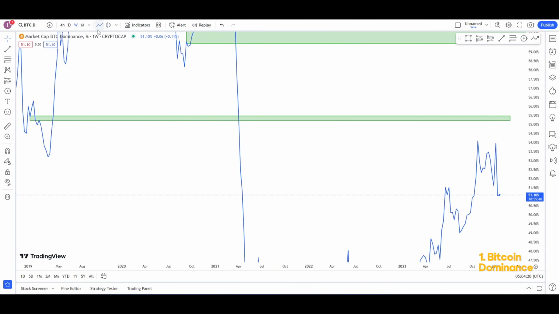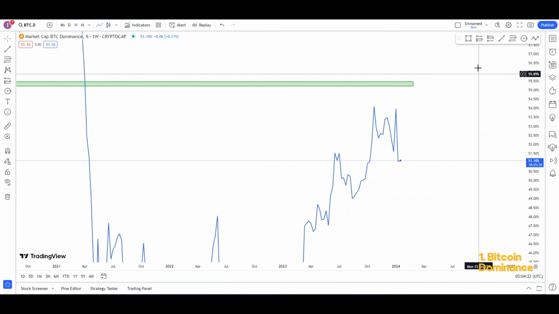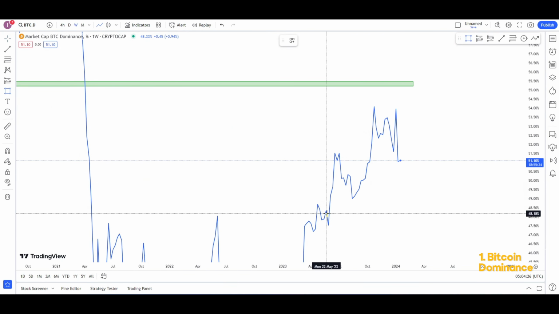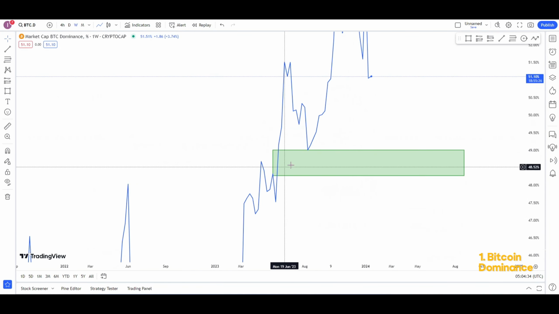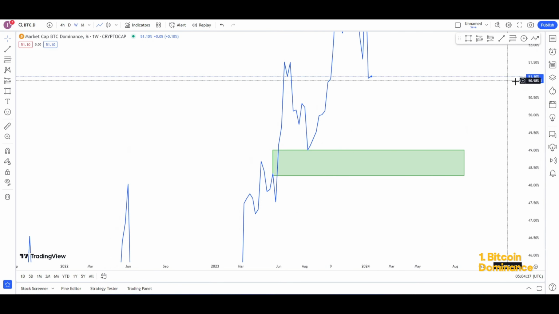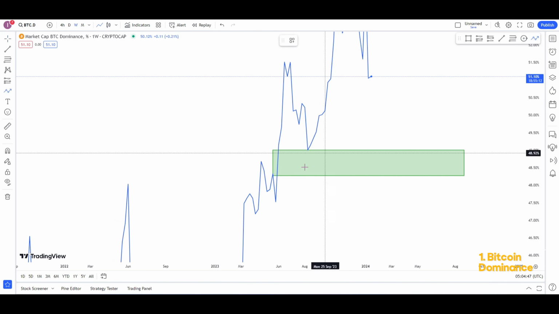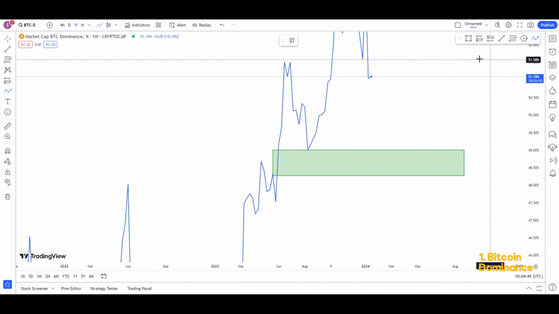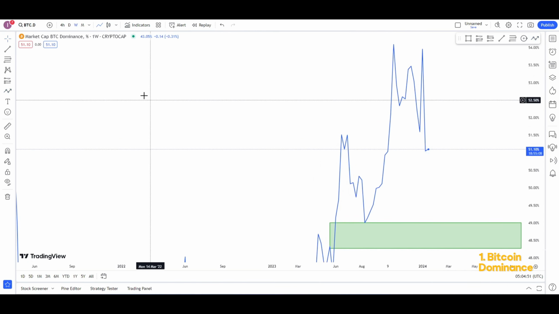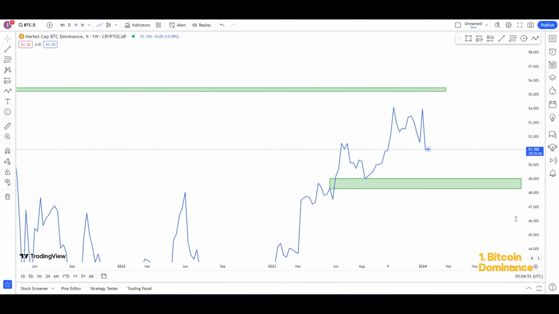So where is Bitcoin dominance heading next? Let's look for the next base. This is the nearest base, the lower base, which is below the current market value. And yes, it's untapped. It has not been respected yet. Before that, let's look at another base.